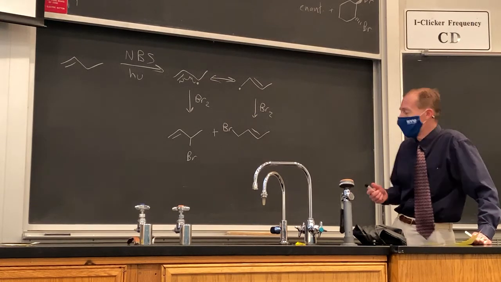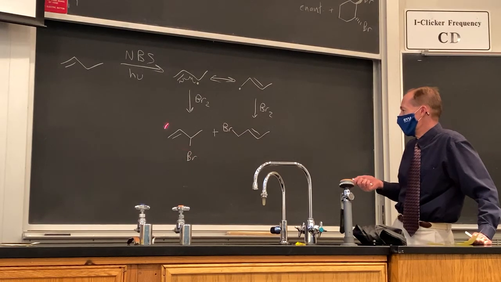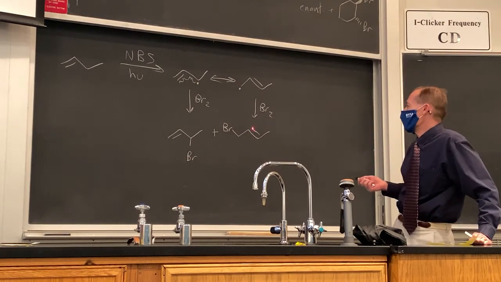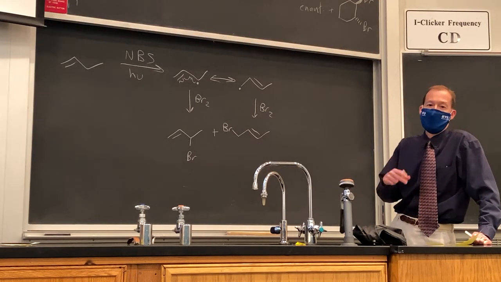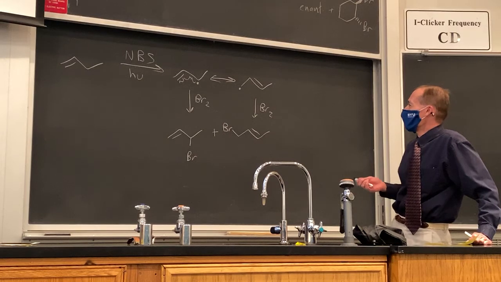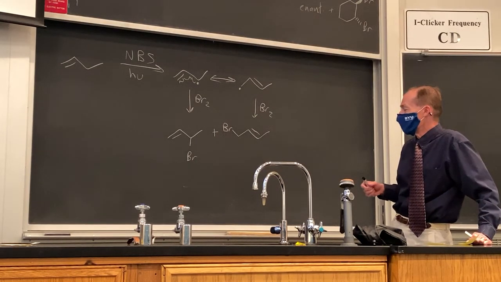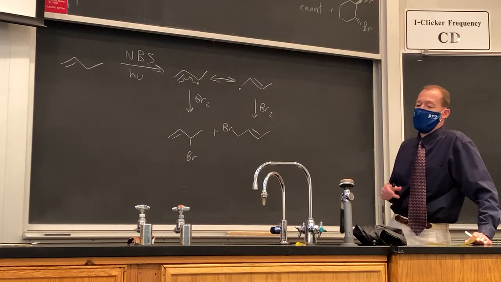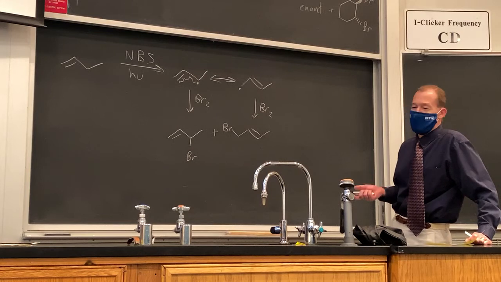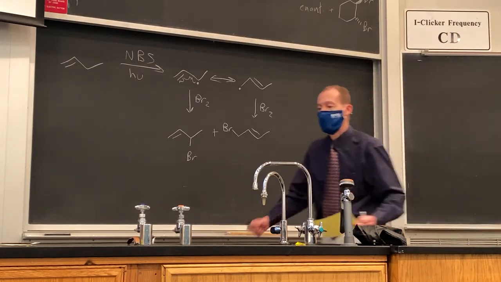So you could say that we would get a 1-to-1 mixture of these two species, but this would be further divided into its two enantiomers. So I guess you could say a 2-to-1-to-1 ratio if you're counting the enantiomers as separate products. But the general rule of thumb is that you would obtain both possible products in roughly equimolar amounts when you have an allylic radical with two different resonance structures. Okay?